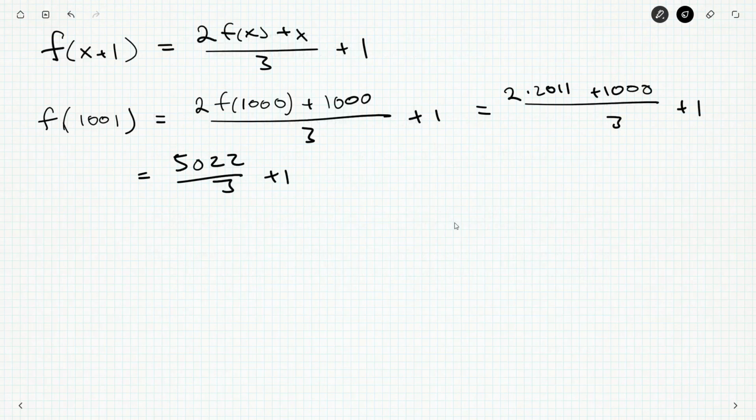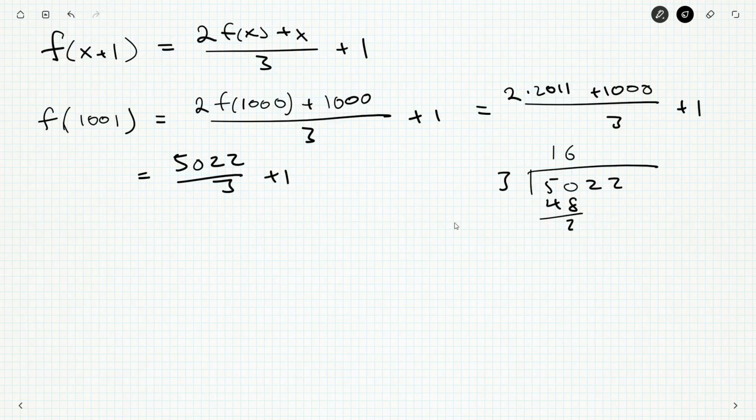Now I can divide that, so it'll be 3 into 5022, so it'll be 1674 plus 1, 1675.